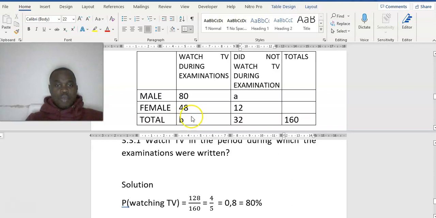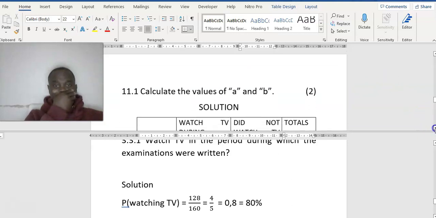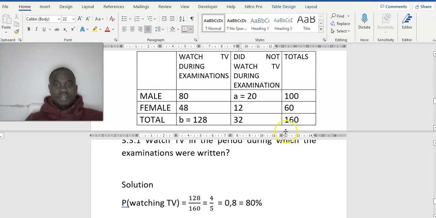So 128. Remember, we found B to be 128. Let me show you here. We found B to be 128 over 160, the grand total, and this gives us 4 over 5, which is the same as 0.8, which is the same as 80%.